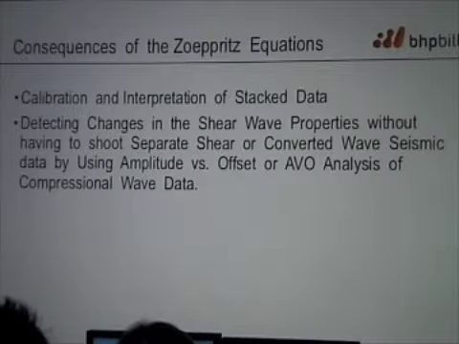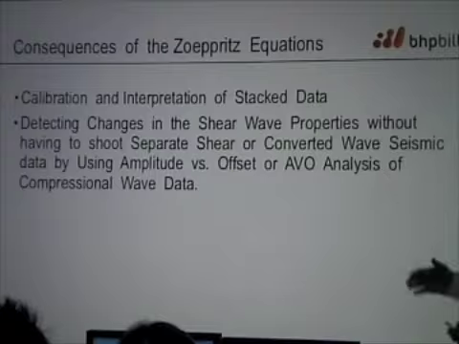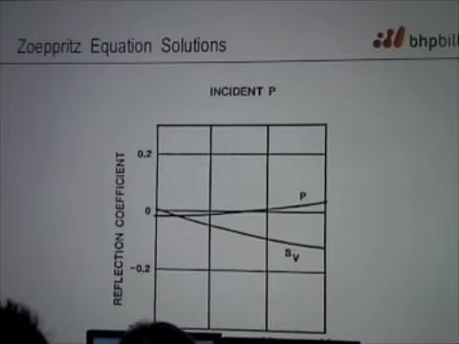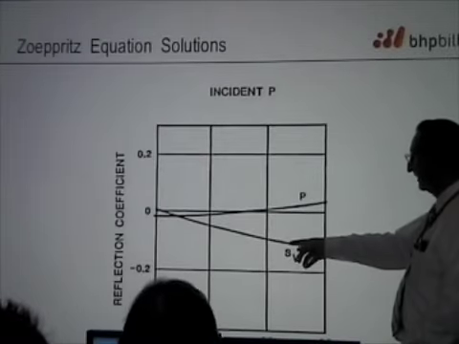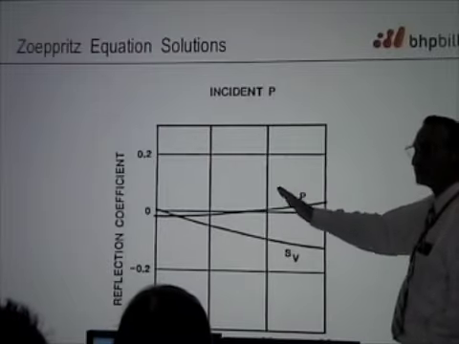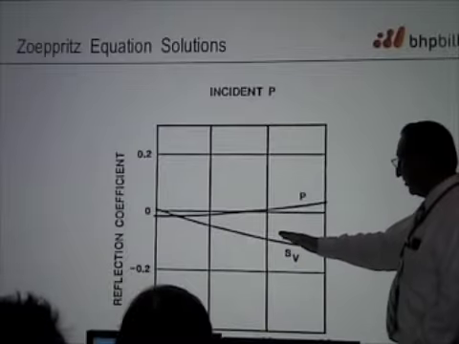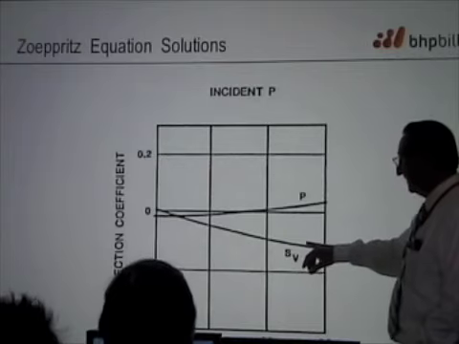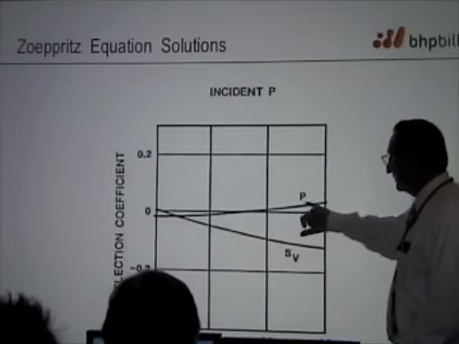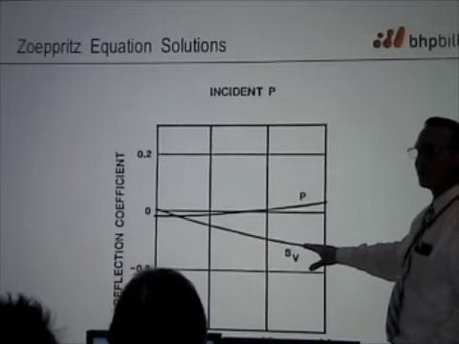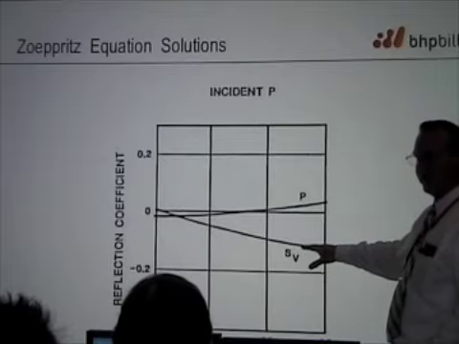It's expensive. And so people instead say, well, why is it that I get this? I get this because there's a partition of energy once I get off normal incidence. And so the partition of energy, that is, the magnitude of this wave, is telling me something about how much energy was pumped into the shear wave at the interface.